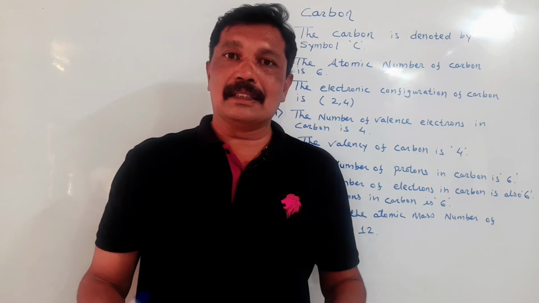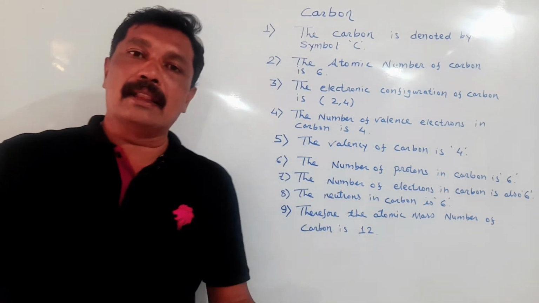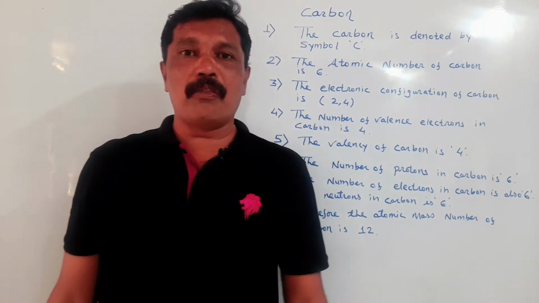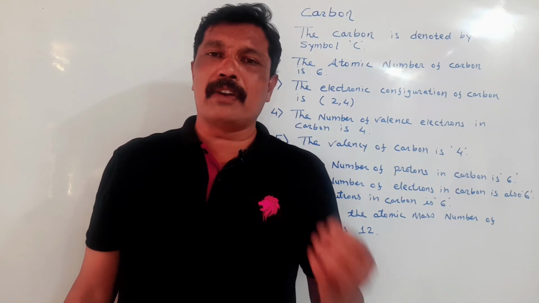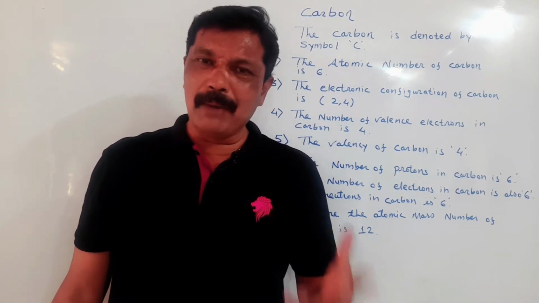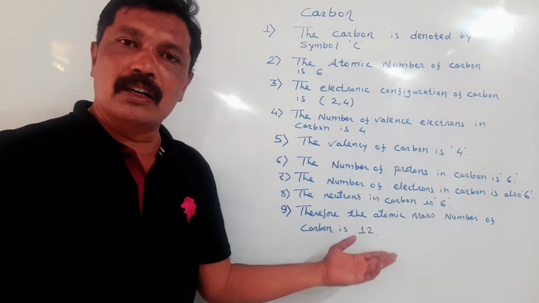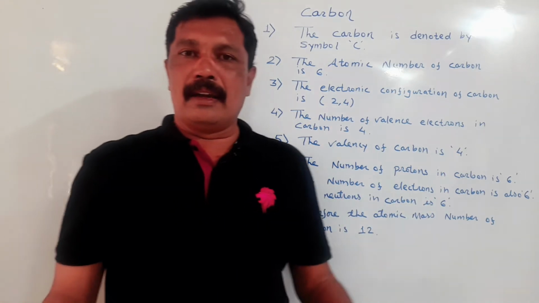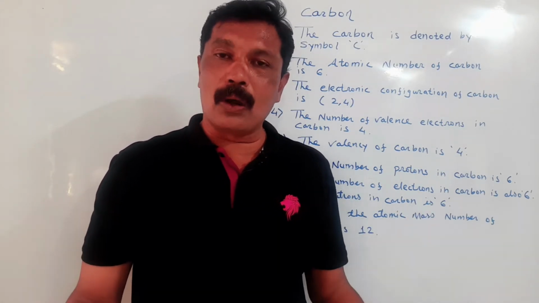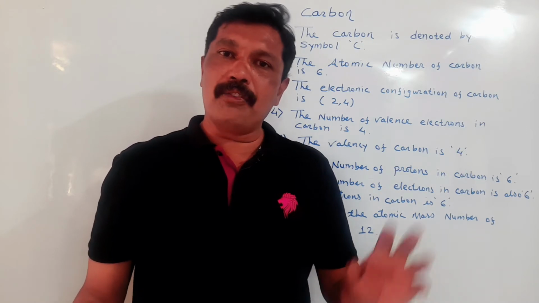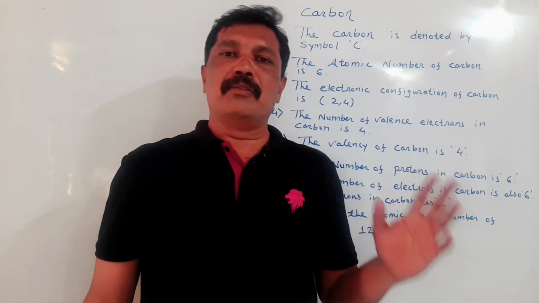Carbon has 6 neutrons in its nucleus, and the sum of the number of protons and neutrons present in the nucleus of an atom is called the atomic mass number. Therefore, the atomic mass number of carbon is 12, and it is the sum total of protons and neutrons present in the nucleus of carbon. So, this is the basic information, my dear student, which we have gathered.